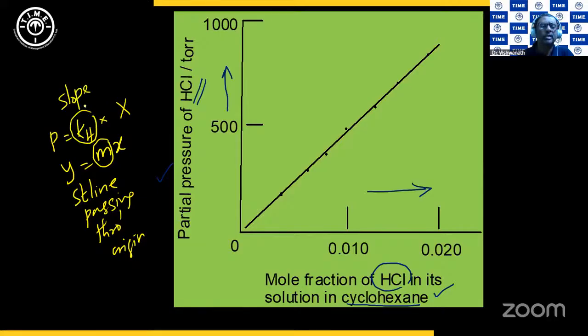So the slope gives us the Kh value. The slope will not be the same for all gases, meaning the Kh value will not be the same for all gases. So plotting the partial pressure of that particular gas on the y-axis and the mole fraction of the same gas on the x-axis, we get a straight line passing through the origin with a slope equal to Kh. I hope this is clear.